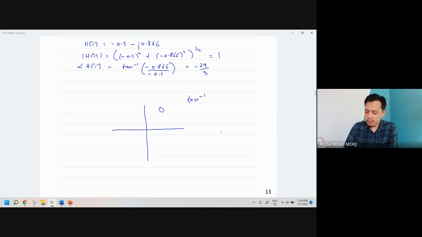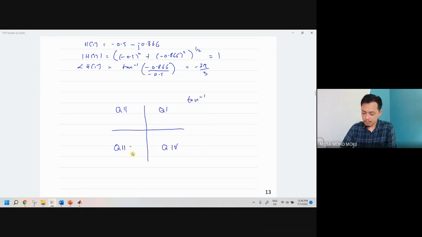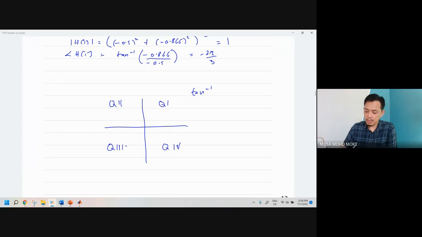So you have what we call quadrant 1, quadrant 2, quadrant 3, quadrant 4. And tangent inverse is not straightforward. You cannot just divide these two and do a tangent inverse and get your answer. So the formula will be a little bit different on Q2 and Q3. So you can do this in Q1 and Q4 only.